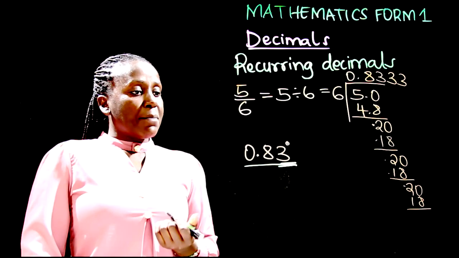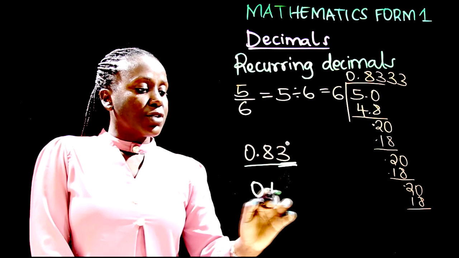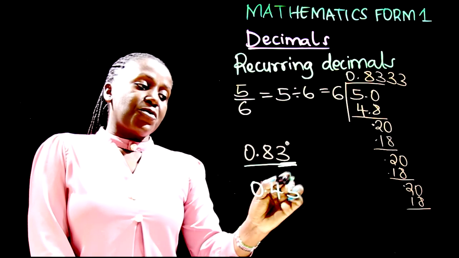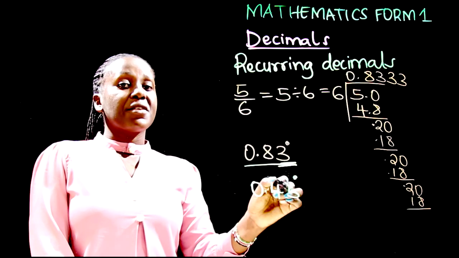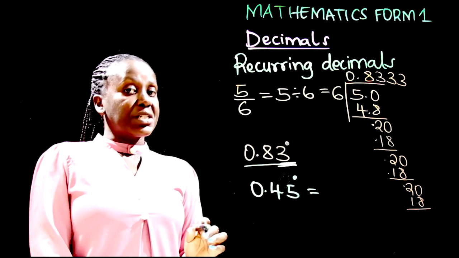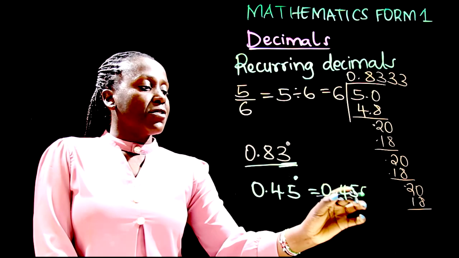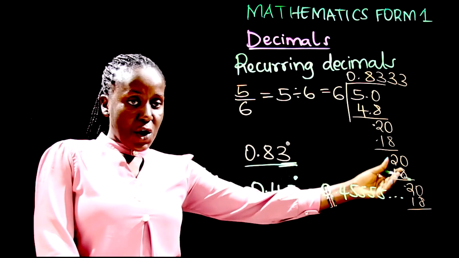Now tell me which numbers are recurring here. Let's say I have 0.45 and then the dot is on 5 alone. This means that it's only the 5 that is going to repeat itself. So this is the same as 0.455 and so on.